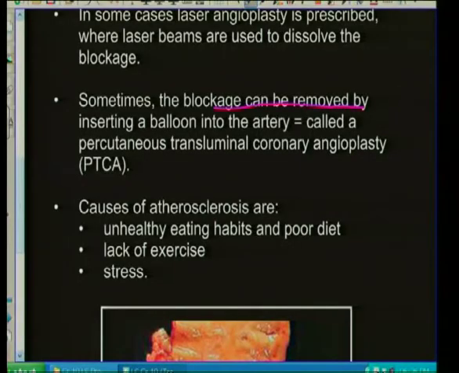Just understand that, right? Sometimes the blockage can be removed by inserting a balloon in the artery called a percutaneous transluminal coronary angioplasty. The main word you need to know there is angioplasty. What they do there is they put a little balloon into the artery. It opens the artery up a little bit.